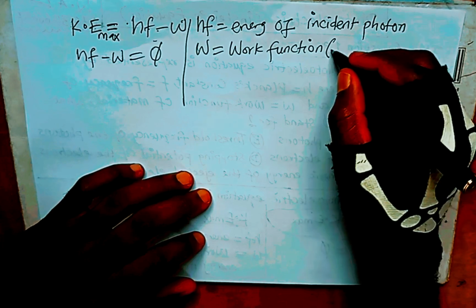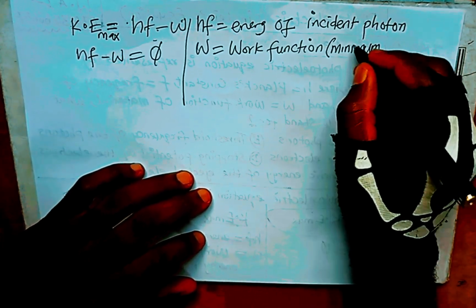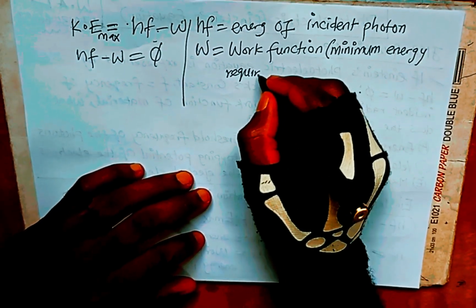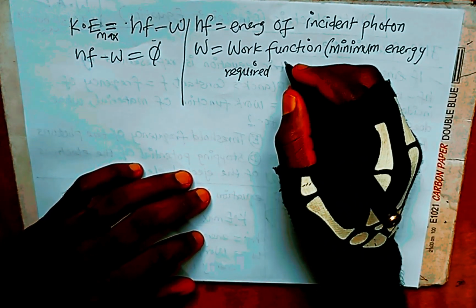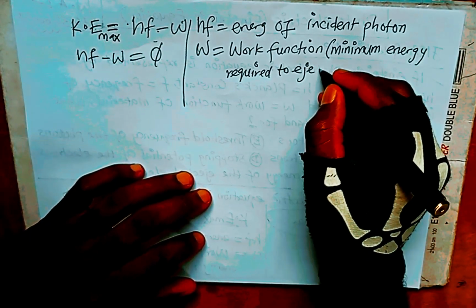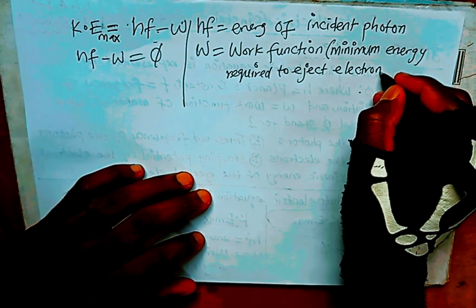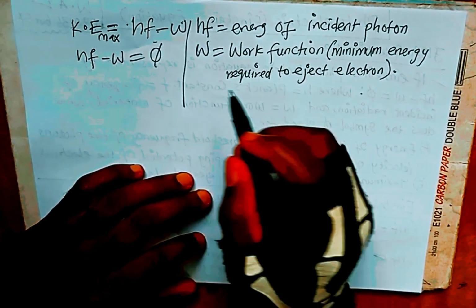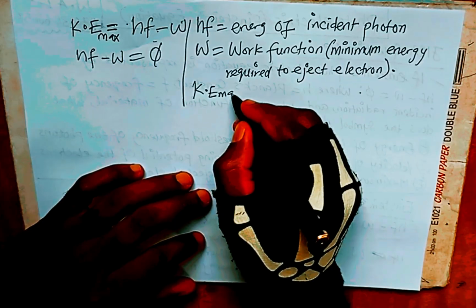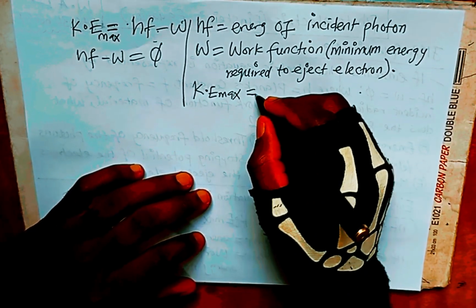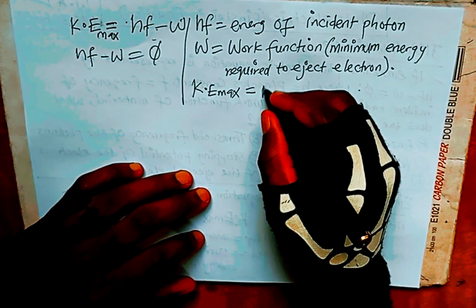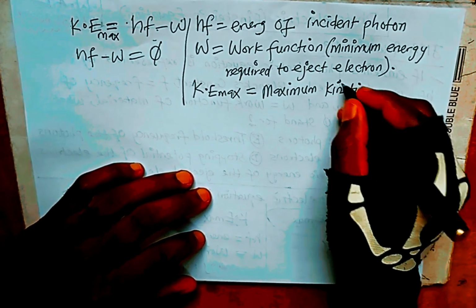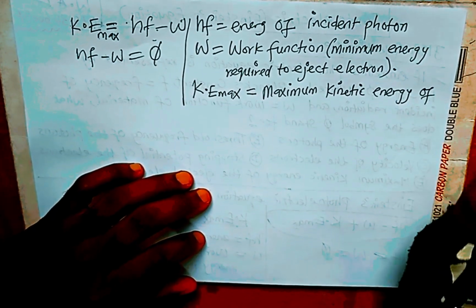Work function is defined as the minimum energy required to eject or remove an electron. That's the definition of work function. Then this KE max is the maximum kinetic energy of the ejected electron, the maximum energy it carries.